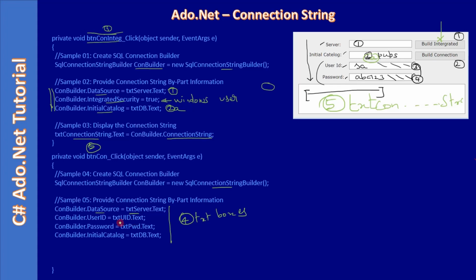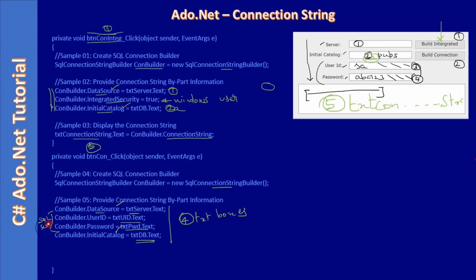Next, user ID, whatever you type in this text box, that we are populating. Then password, we are giving the password from the password text box. Initial catalog, so whatever DB you specify, that goes here. So this data source and initial catalog we used in our integrated security mode also. User ID and password information is specific to SQL Server.